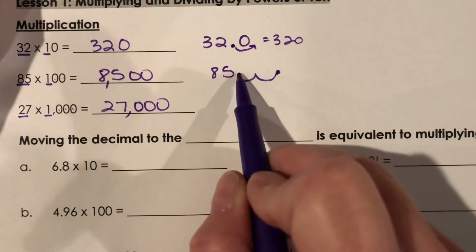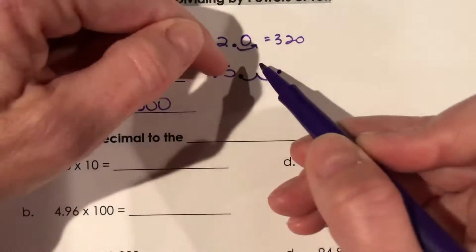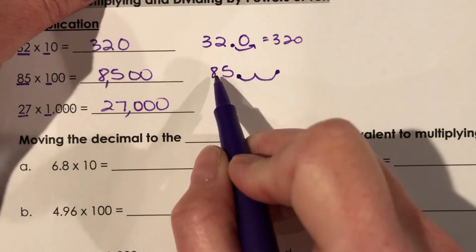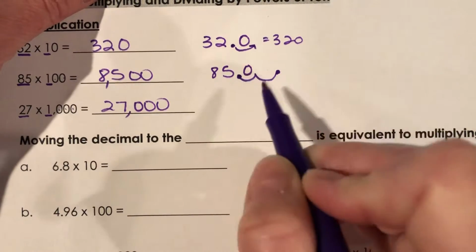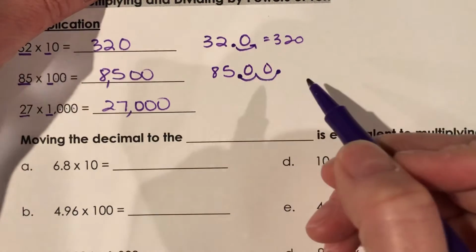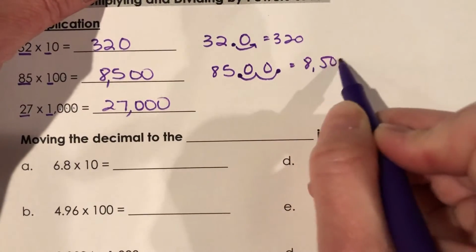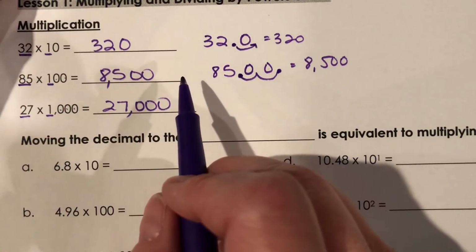Now right here, if I'm shifting these digits 2 places this way, that means that this 8 needs to be in the thousands place and this needs to be in the hundreds place. That means I need a digit in my tens place and a digit in my ones place. So we get 8,500.